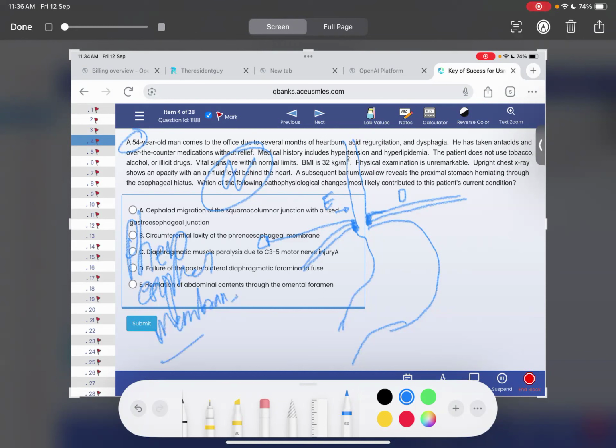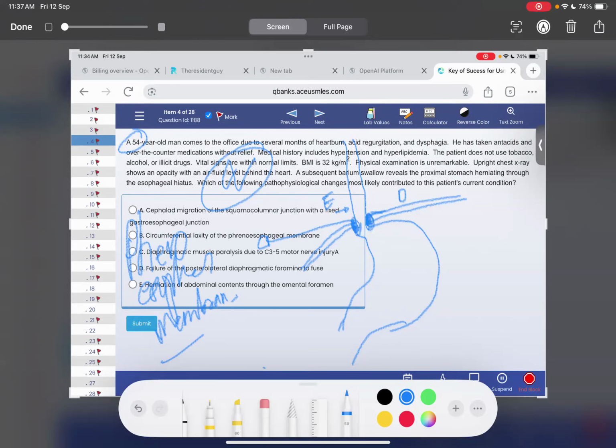Have you got your normal anatomy? Now let's discuss what is happening in this condition. There are basically two types of hernia.